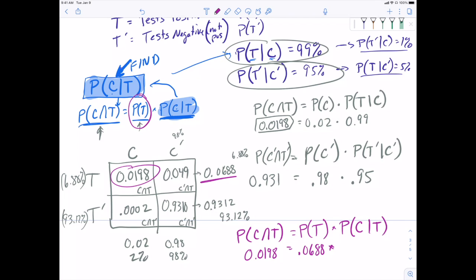And so that's kind of like our x. So that's going to equal 0.0198 divided by 0.0688. And if we take out our calculator, 0.0198 divided by 0.0688 equals 0.2877, which is 28.8%.